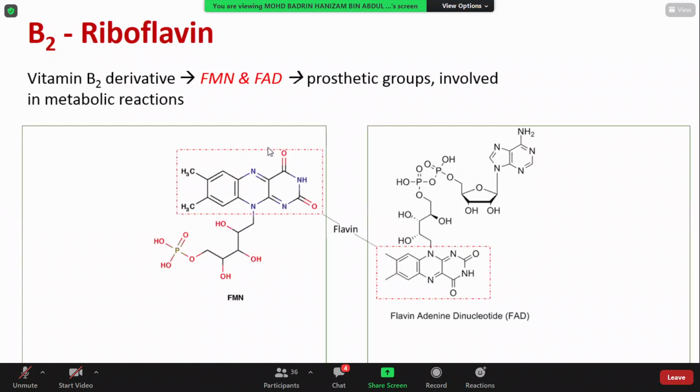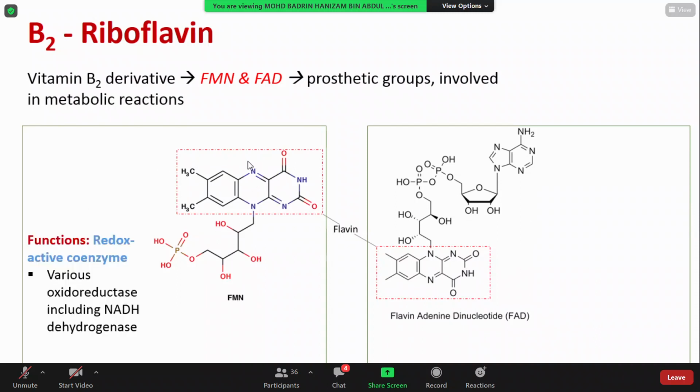These are the structures of FMN and FAD. On the left hand side here, FMN has the flavin attached as a prosthetic group. On the right hand side, we call it FAD, flavin adenine dinucleotide.